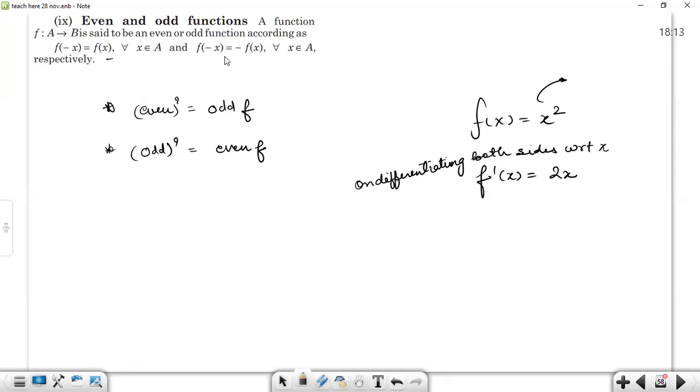Otherwise, it is odd; this is written here in the definitions. Yes, so this function is an even function. Its derivative is an example of this property. Yes, sir.